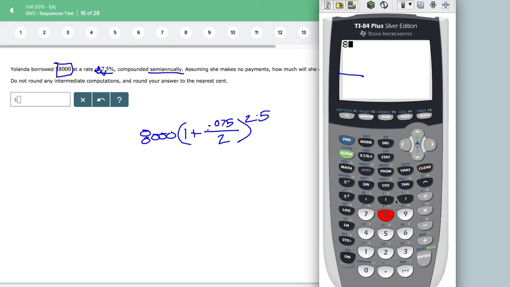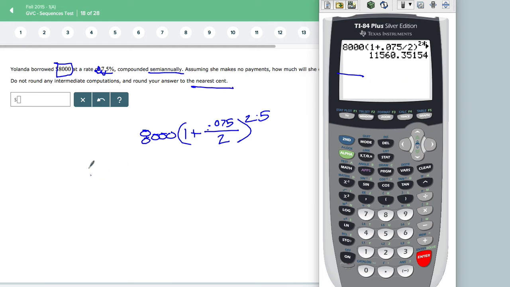So here we take 8,000 times 1 plus 0.075 divided by 2, parentheses, and all of that is raised to the 2 times 5 power, enter, and we see we have to round to the nearest cent right here.